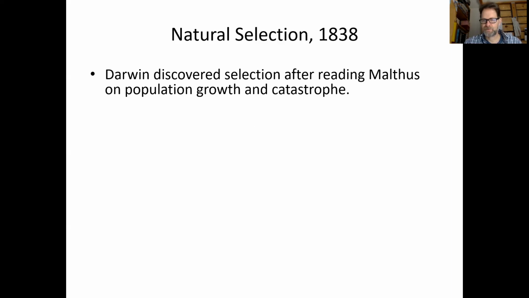Okay, so Darwin came up with this idea and was the first person, as far as we know, to do so. Although there are people that kind of vaguely suggested it earlier, but I'm not going to mention them. So Darwin actually discovered this idea of selection.